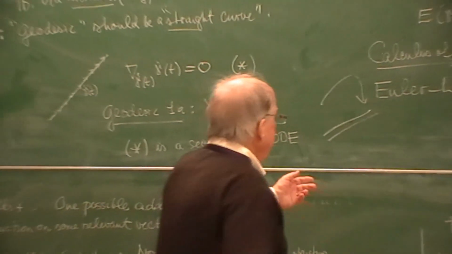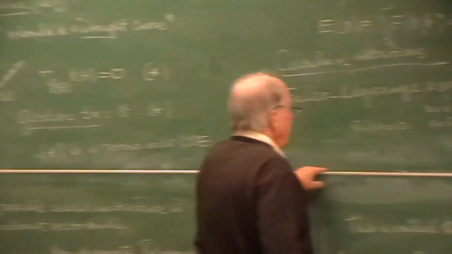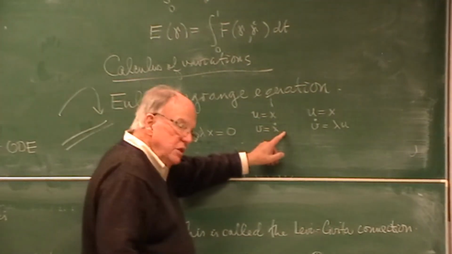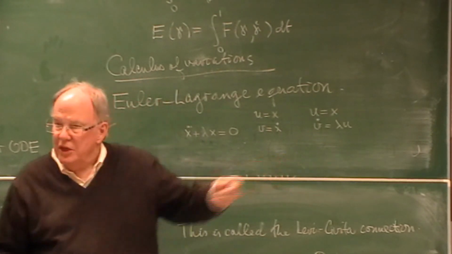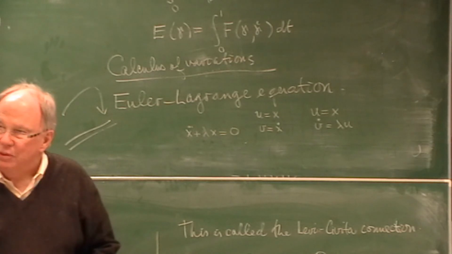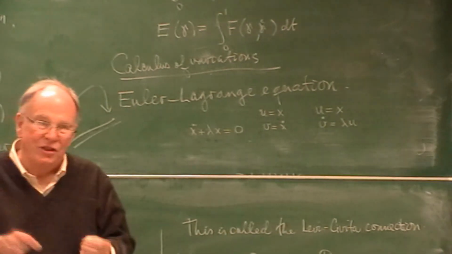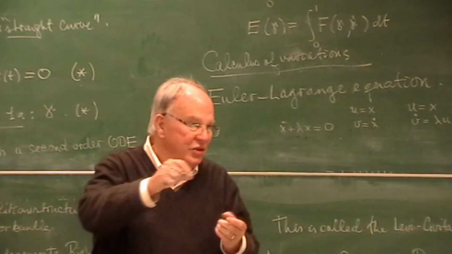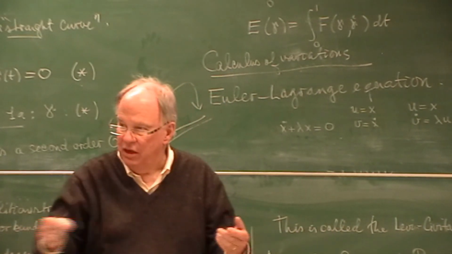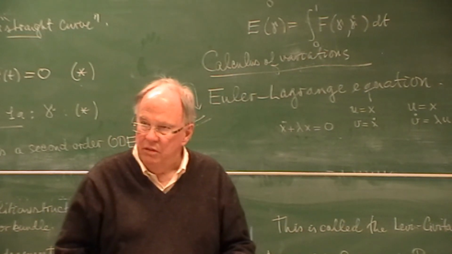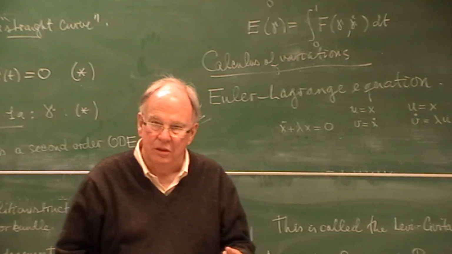This second order equation you never want to solve. You go to the first order system. The first order system is a differential equation on the tangent bundle. But the tangent bundle using the metric is isomorphic to the cotangent bundle. On the cotangent bundle is a canonical symplectic structure.